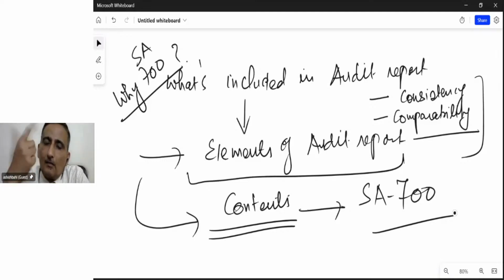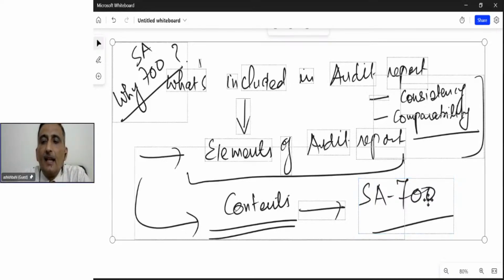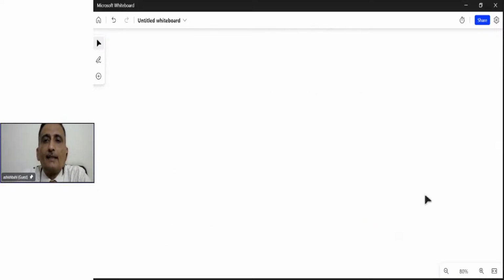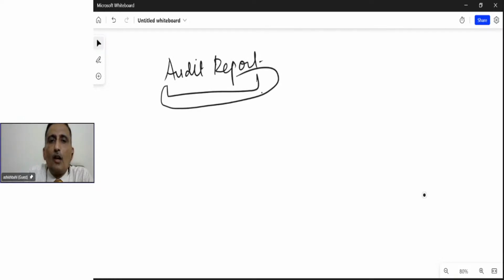Now logically another question should spring up in your minds, guys, and that is, if everything is so consistent and comparable, then if the auditor finds something wrong, what does he have to do? Where is his initiative?